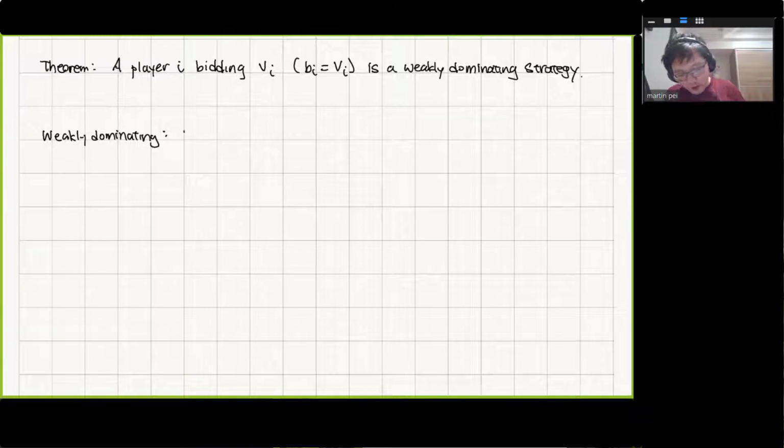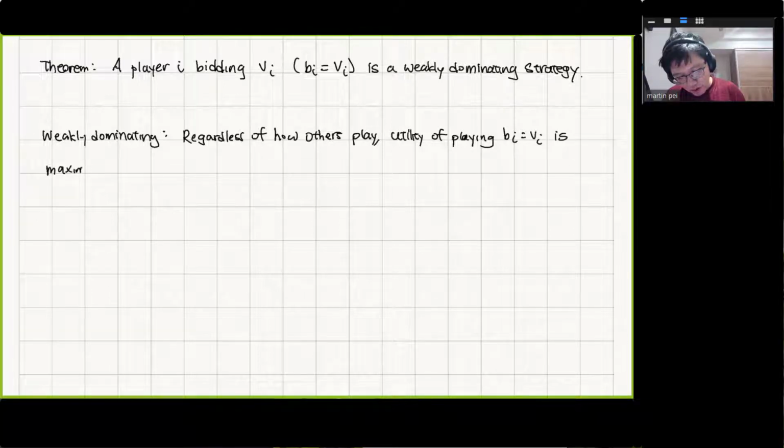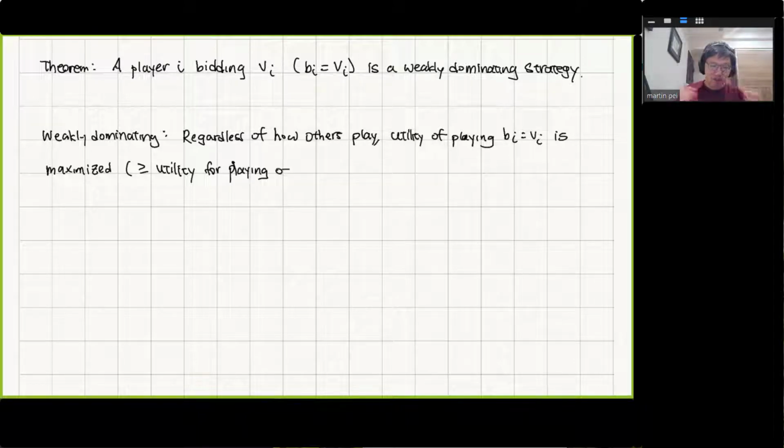Regardless of how others play, the utility of playing the valuation V_i is maximized, so it is larger than or equal to the utility for playing other bids.